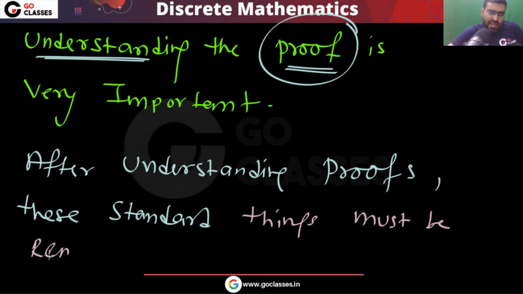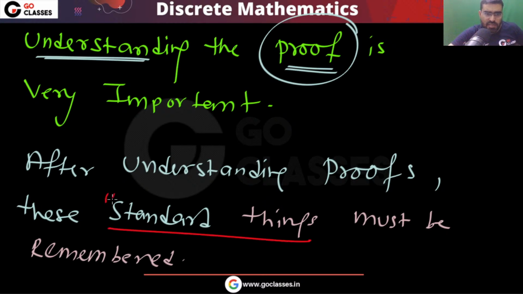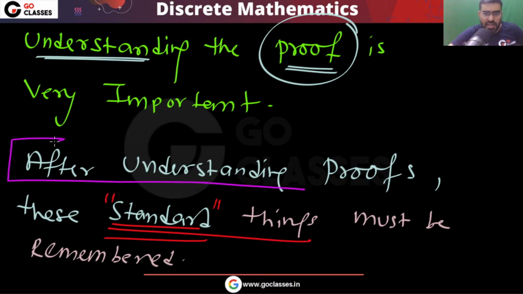Because in the GATE exam, if you try to prove all of them, it will take a lot of time, right? Yes or no? If these standard things are coming in the GATE exam, then you can remember them after understanding the proof. This is very important.